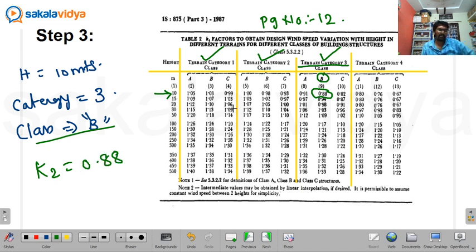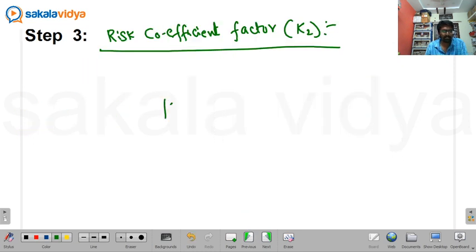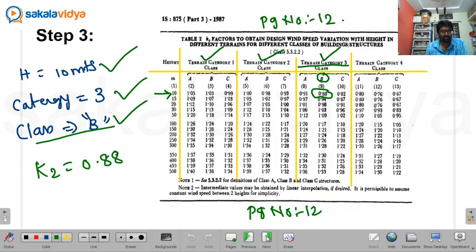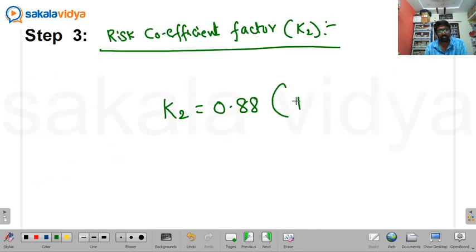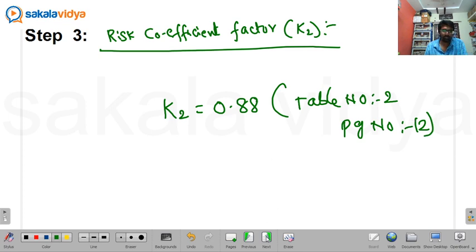We find K2 using height of the structure, category and class of the structure, from table number 2 on page number 12. So K2 is equal to 0.88.